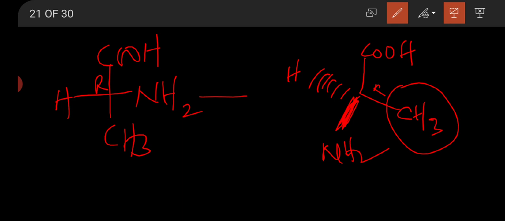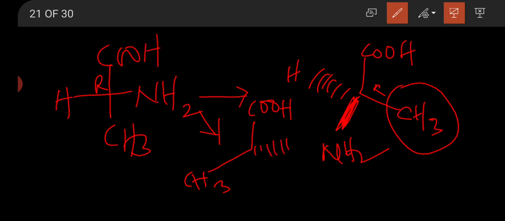Okay, if the vertical bonds in plane are written at the left side, then the horizontal right side bond, NH2, we have to write below the plane of paper, and the left side bond we have to write above the plane with a thick line, so that the configuration will not be affected.